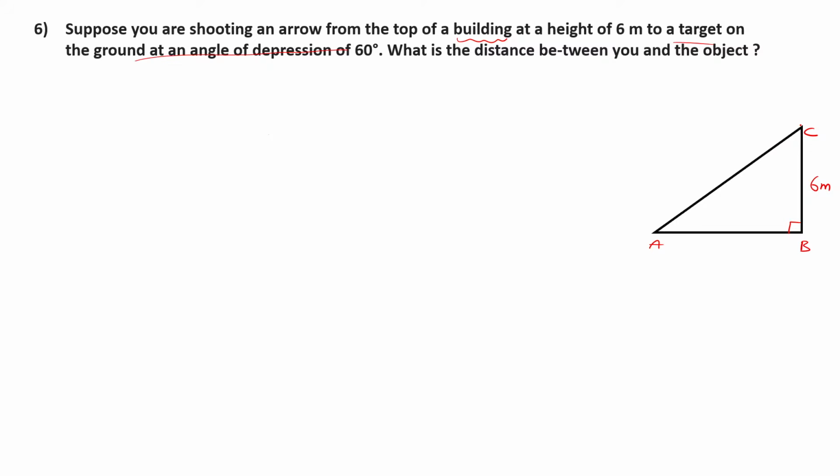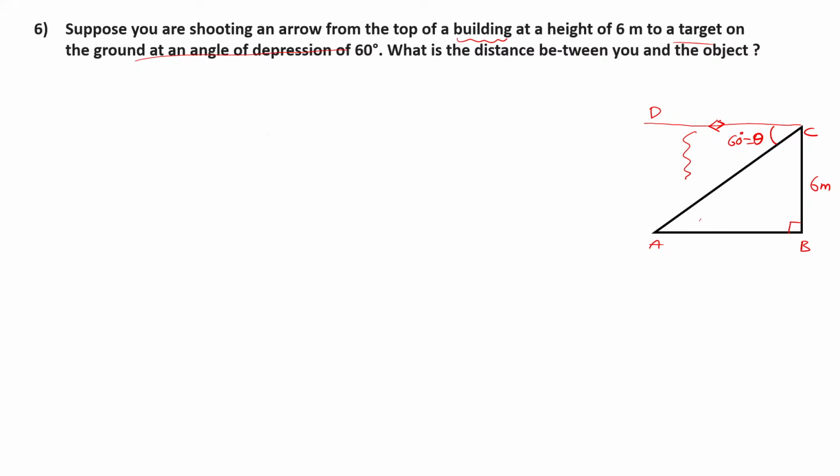Here we need to draw an imaginary horizontal like this, CD. CD is the imaginary horizontal. Now the angle between the line of sight and the horizontal is theta, which he gave as 60 degrees.